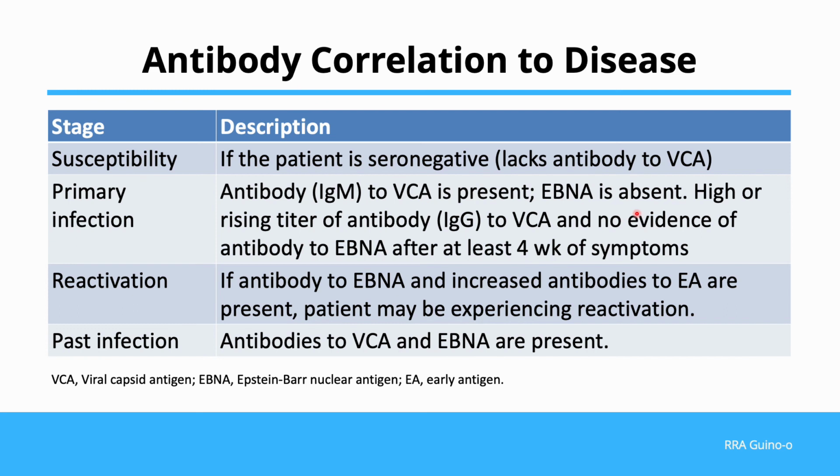Also, antibodies towards EBNA are absent, and we will be able to see a high or rising titer of IgG antibodies to VCA and no evidence of antibodies to EBNA after at least 4 weeks of infection. Here, IgG is usually produced in the late stages of infection or after the body has just recovered from an infection.